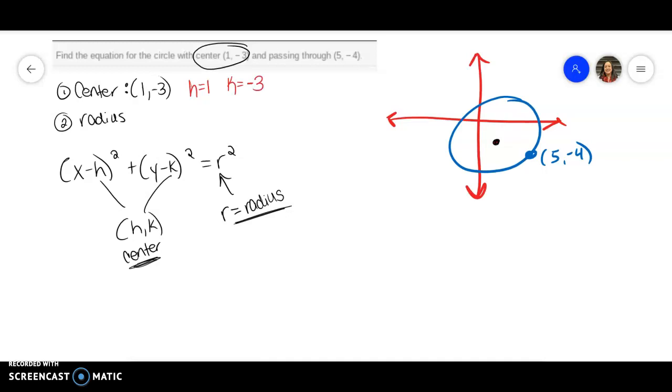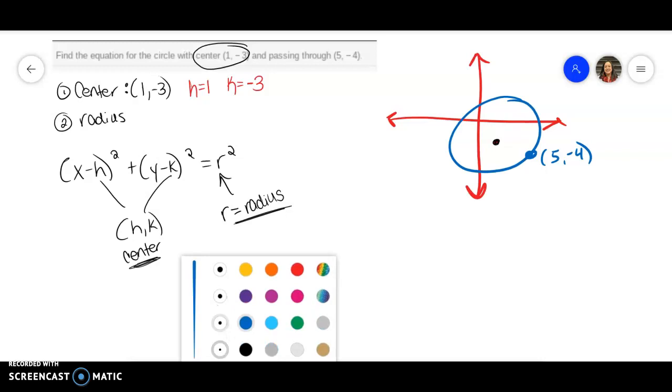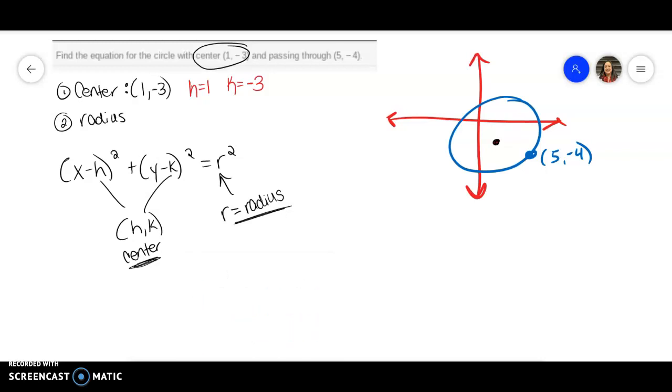What I do not know is the radius, and your radius is that distance from the center of your circle to that point on the actual circle itself. So your radius is your distance between the center and that point. So that's the only thing I need to find.